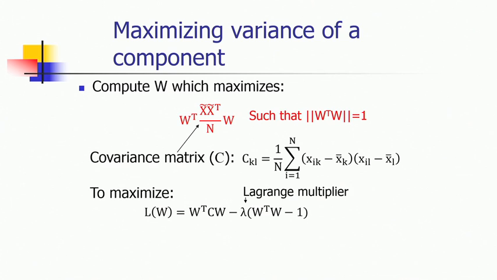This constraint in the objective function can be incorporated using a Lagrange multiplier, and this is that particular term. So, this lambda is the Lagrange multiplier. If I take the derivative with respect to lambda, it will give W transpose W equal to 1, which is actually enforcing the constraint that we want while getting a solution.